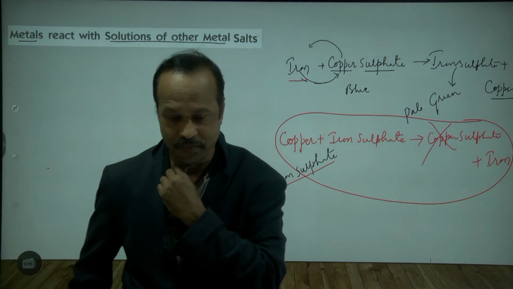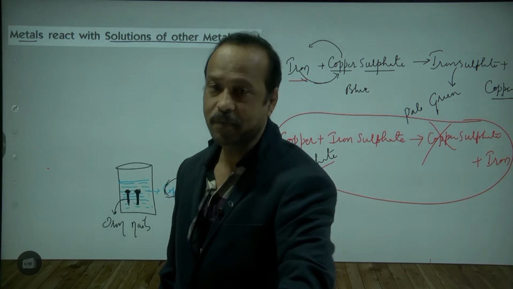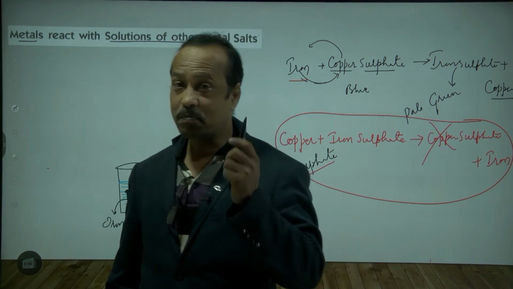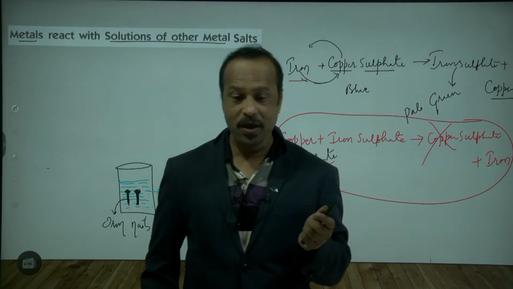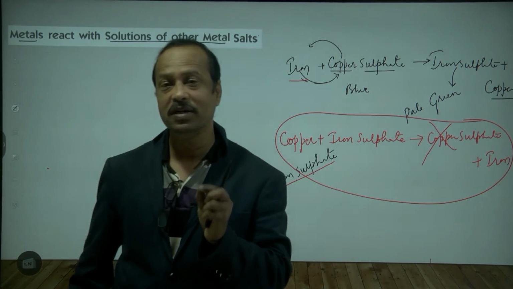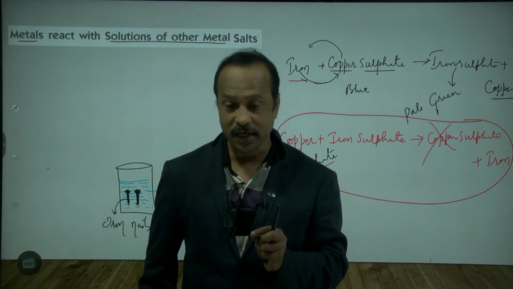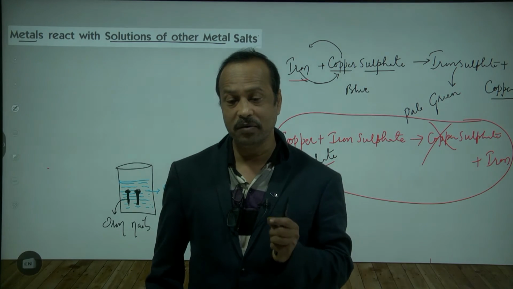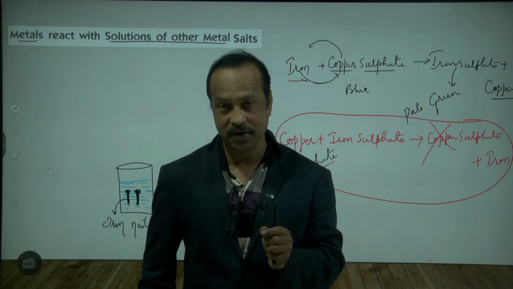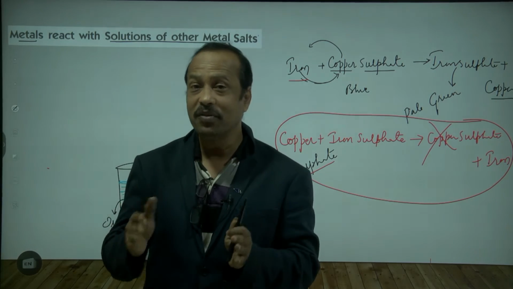I will say. The reason is that in the previous class I explained to you that all metals are not of the same reactive nature. Yes or no? They have different reactivity.